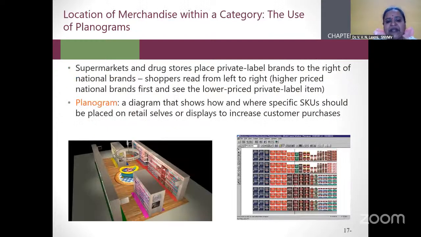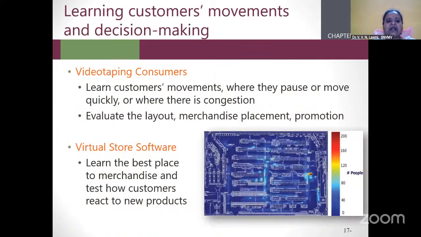So this is a simple example of a planogram and how this planogram is implemented in a retail store. A small map of the store can also be displayed near the entrance for the comfort of the people.